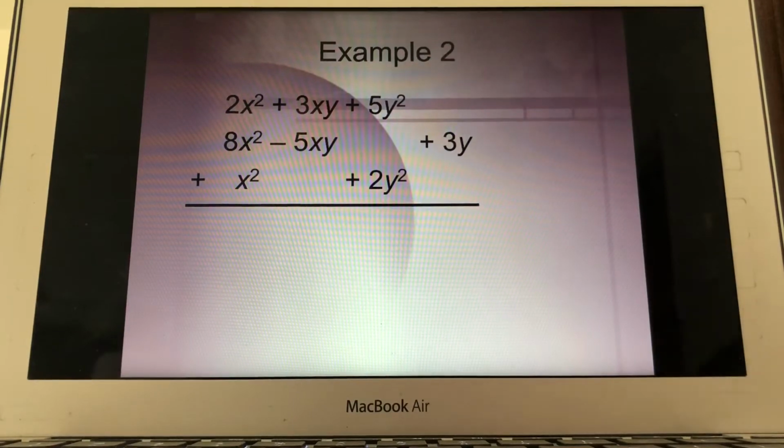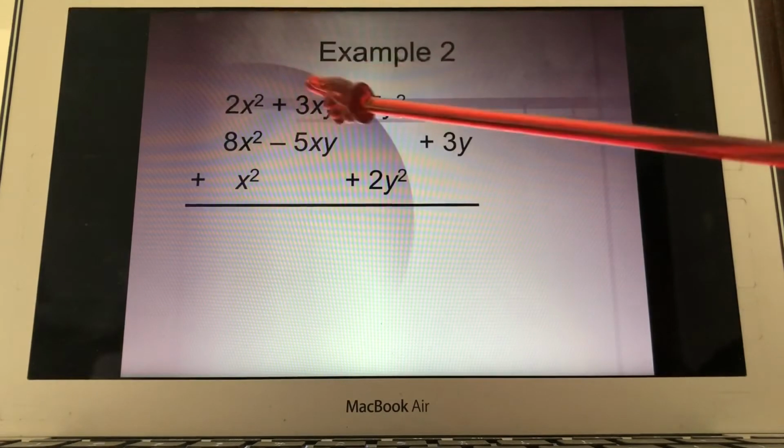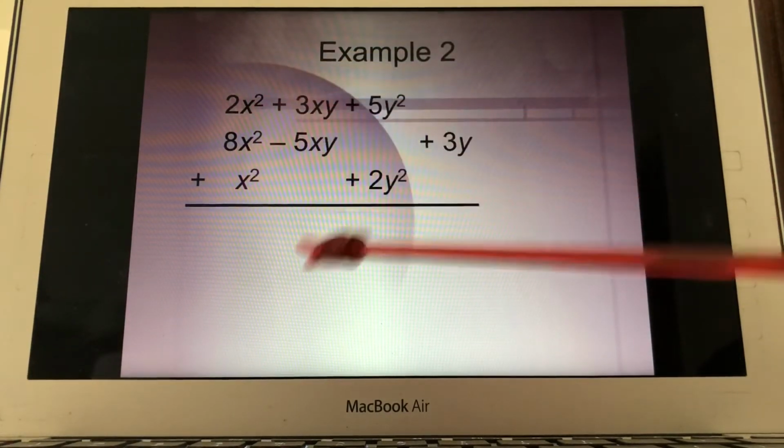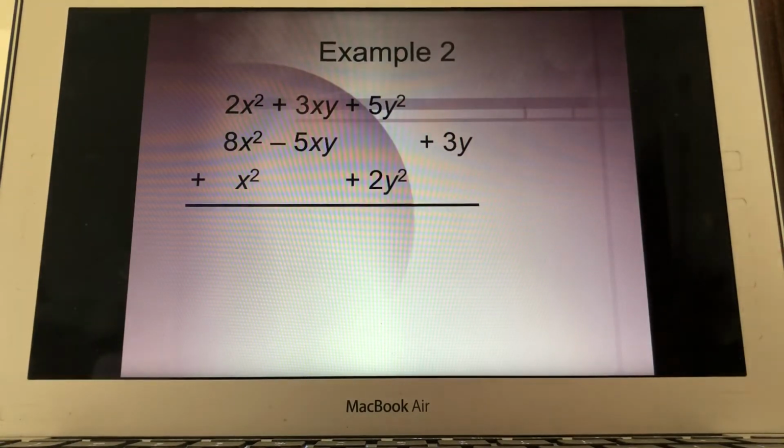So this is where lining them up vertically helps so much, because then you can keep track of your x squares, your xy's, your y squares, and your y's. This is a very easy way to keep everything neat and clean, and it'll save you a lot of work later on.